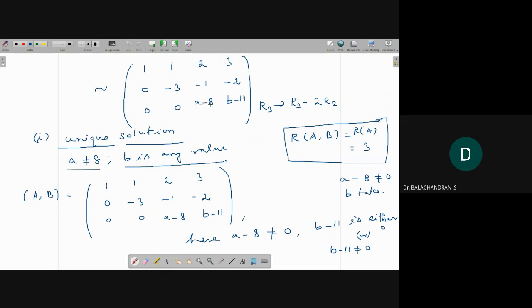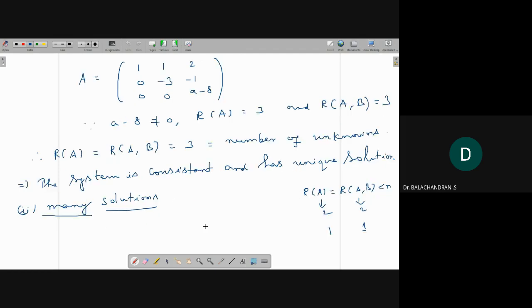That means A equals 8, B equals 11. So in this case, A equals 8 and B equals 11.